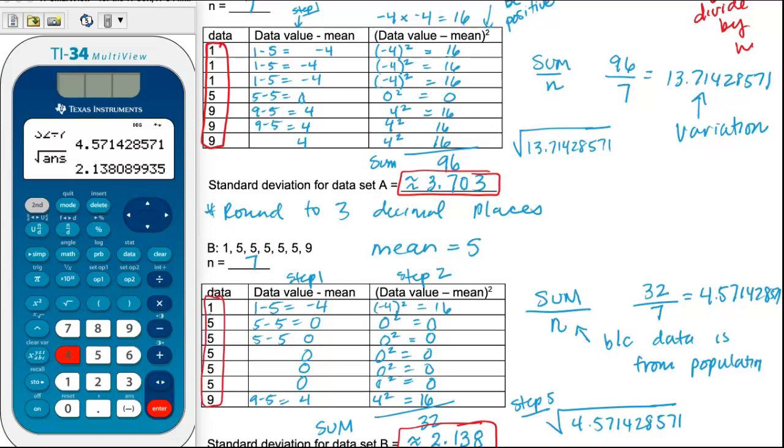And remember in the last example, it asked which data set do we think is more spread out? And we said data set A because it looked like we had more numbers that were farther away from 5. Well, you can see that in the standard deviation. This is a higher standard deviation compared to set B, and so it means it's more spread out compared to set B.